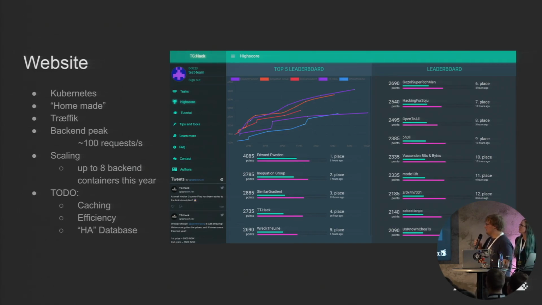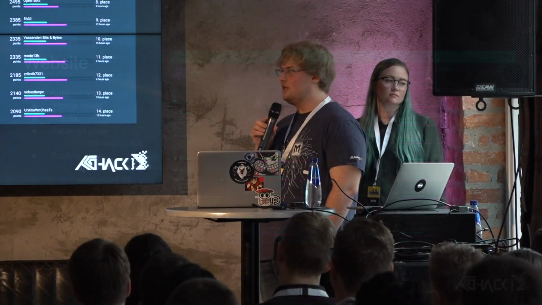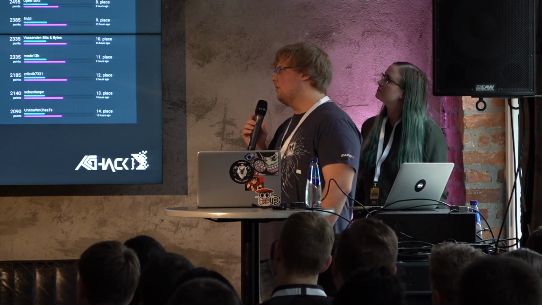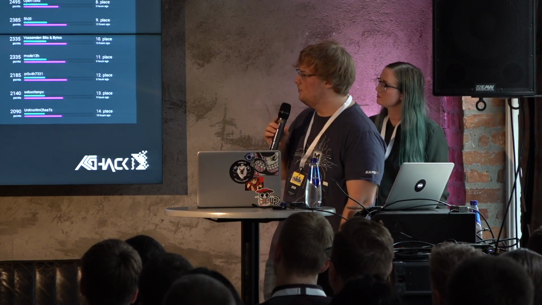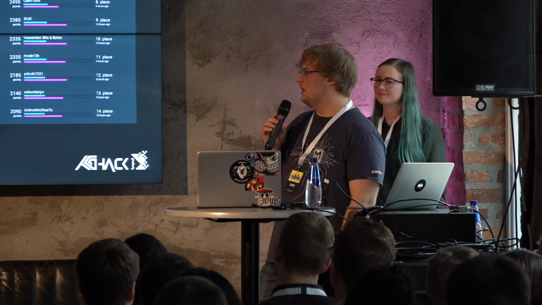However, we didn't have a high availability database this year, so we needed to take it down for 5 minutes to scale it up. This was the only downtime we had this year. We're also looking into implementing more caching and making the backend more efficient, so we're able to handle more traffic on fewer backend containers.